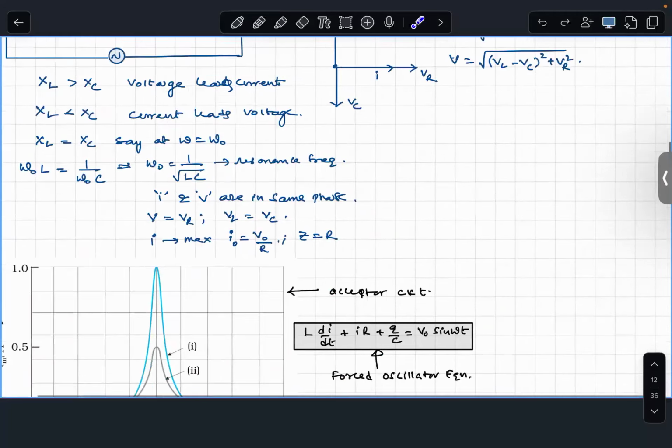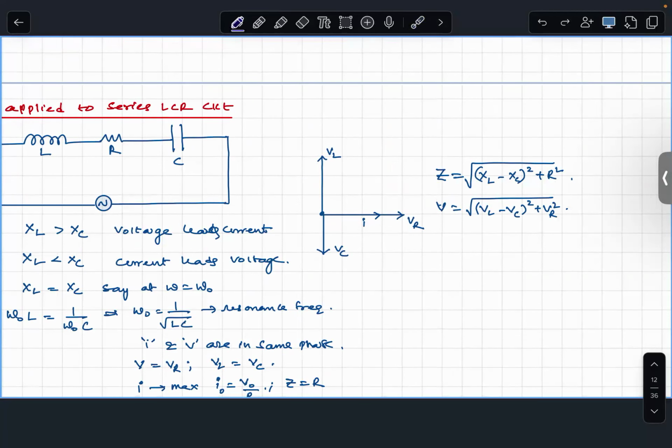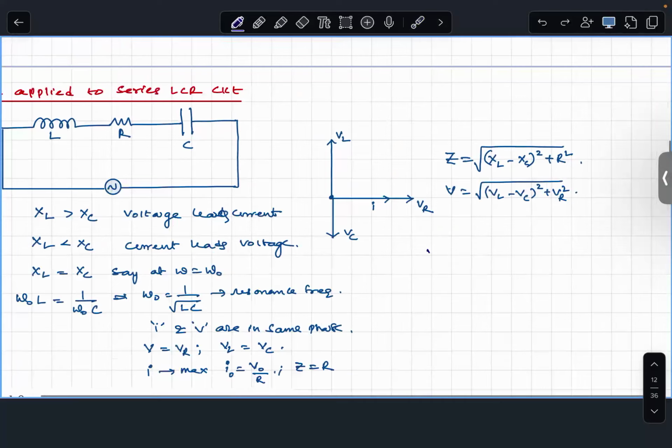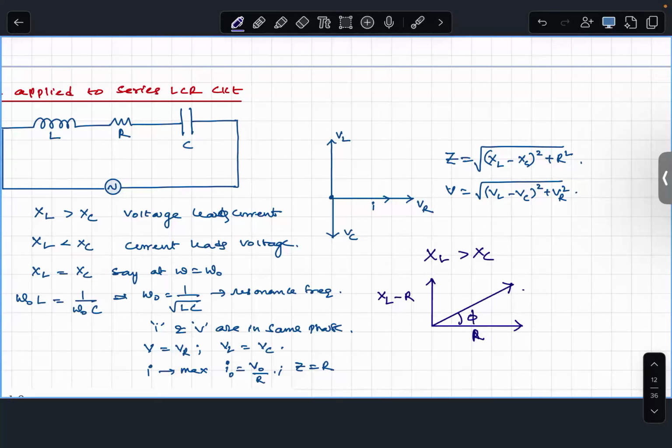See, in the first case, if XL is greater than XC, in this case, the resultant phasor becomes R, XL minus XC, Z. In this case, voltage leads current by phi.